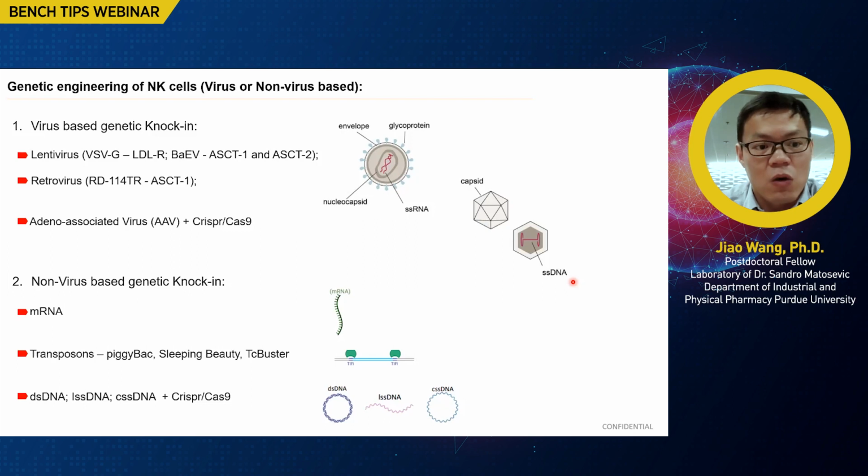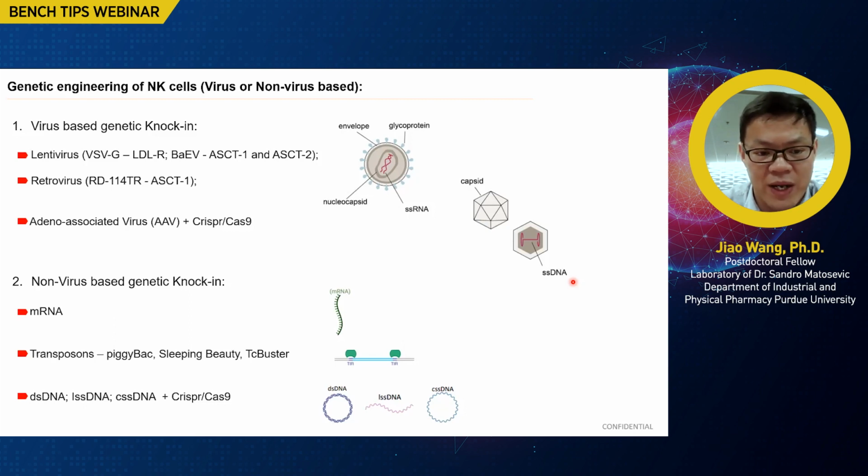This virus will induce non-specific, random integration into the NK cell genome. Later on, scientists realized we can use adeno-associated virus plus CRISPR-Cas9 technology to induce specific knock-in, while it is limited by the payload size, which is around 4.7 kilobases.